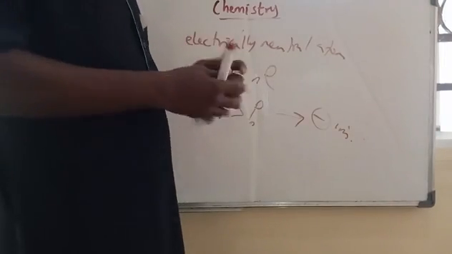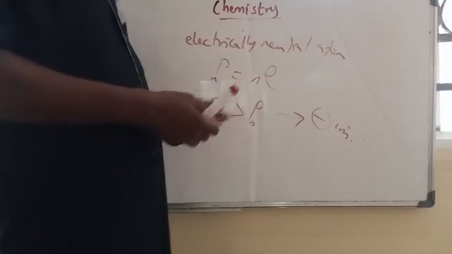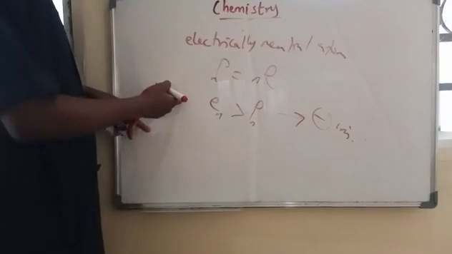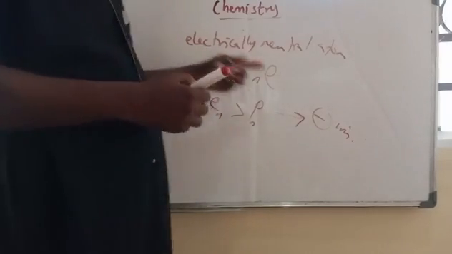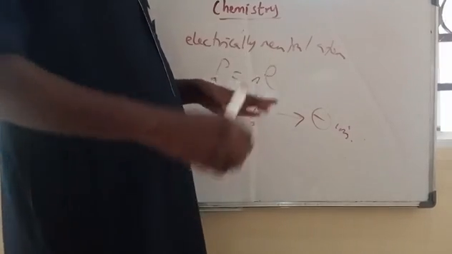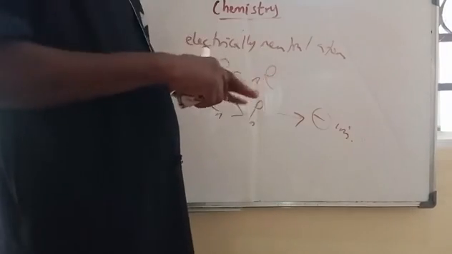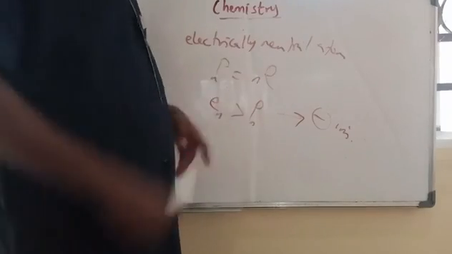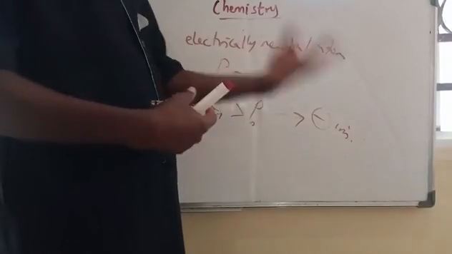Which means the ion has more electrons than protons. Proton goes with positive, electron goes with negative. When they are equal, by the time you add them, the net charge will be zero. But when negative is more than positive, the net charge will be negative.